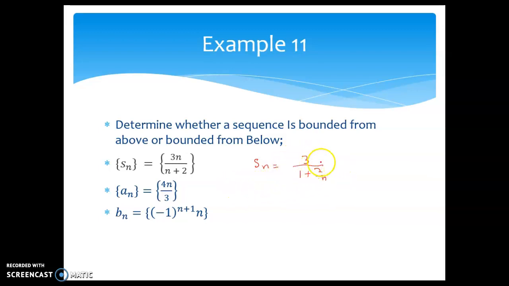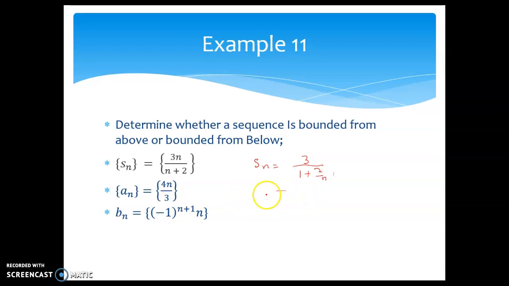And as we know, this sequence here is also bounded. It can never be equal to 0. This sequence here can never be equal to 1.